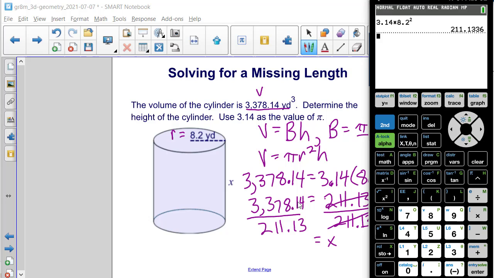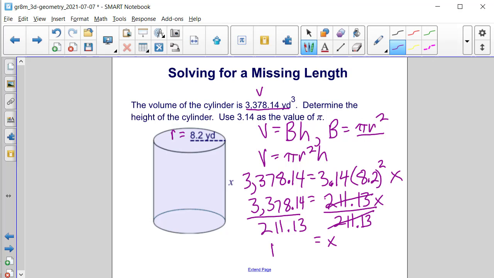And when we do that on the left side, we get that the height, or x value, is 16 yards.